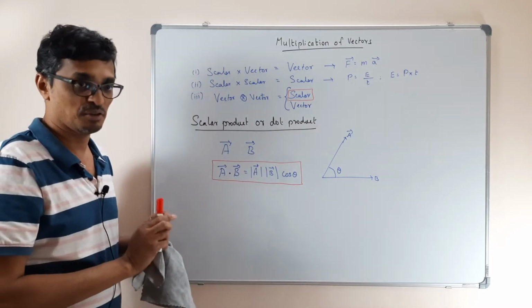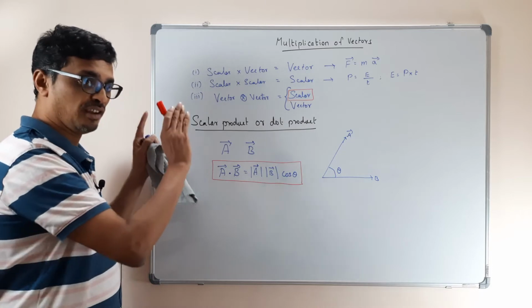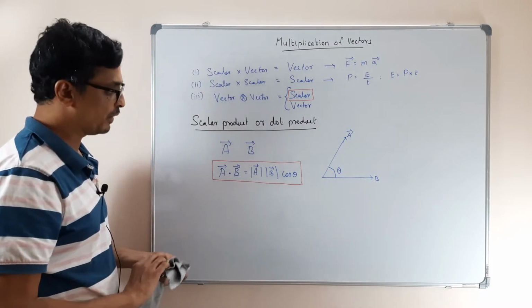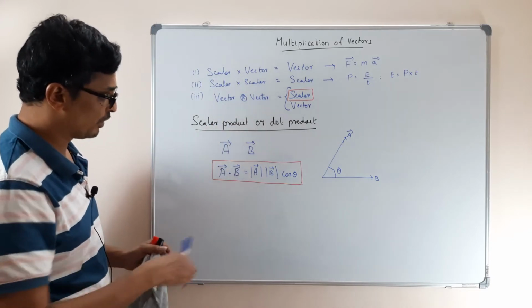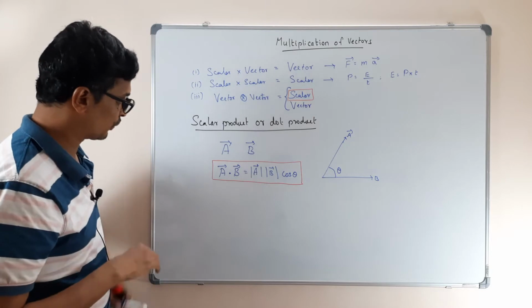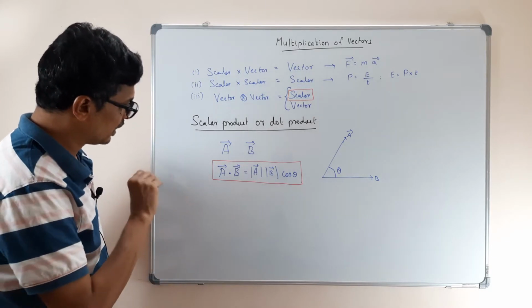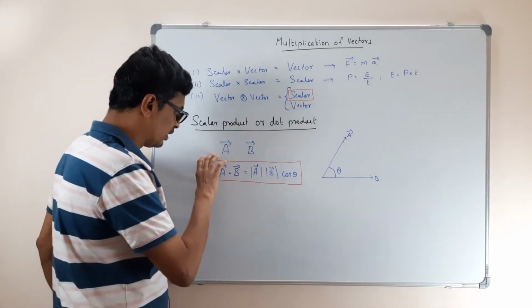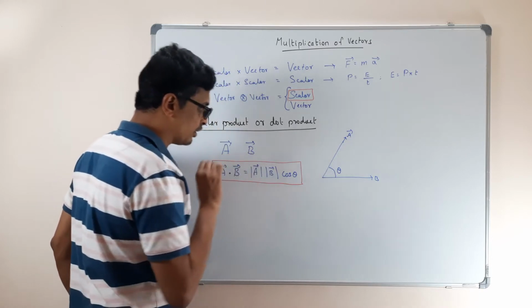In reality, when you're dealing with physics, you should know whether it is a scalar product or a vector product. Well, we'll come to theta, when it will be parallel, anti-parallel, or perpendicular, all those things. So A dot B equals AB cos theta.